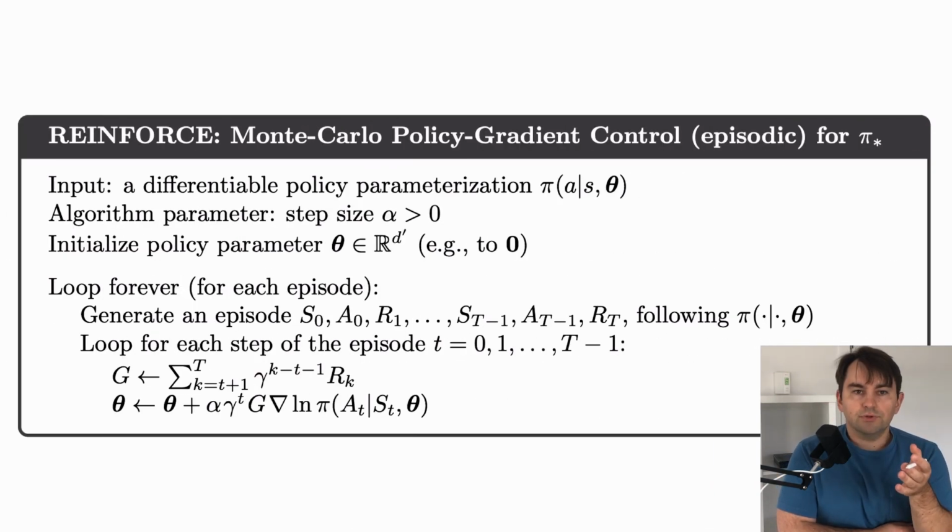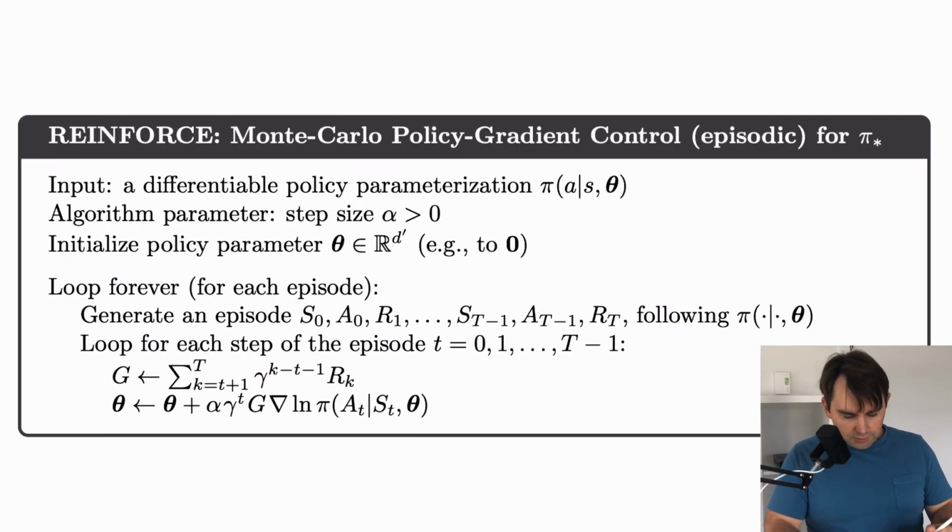So how does REINFORCE do that? Let's take a look at the REINFORCE algorithm. This is taken from the reinforcement learning book, like I mentioned before. I'll put the link in the description. It's available for free online. Let's take this step by step. The input to the REINFORCE algorithm is some policy, pi, right here.